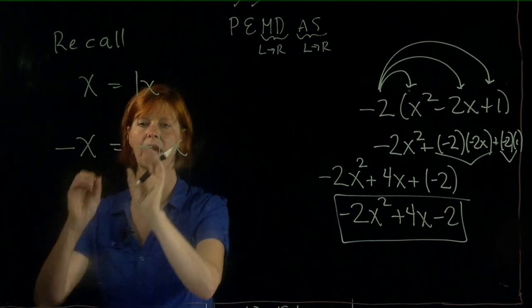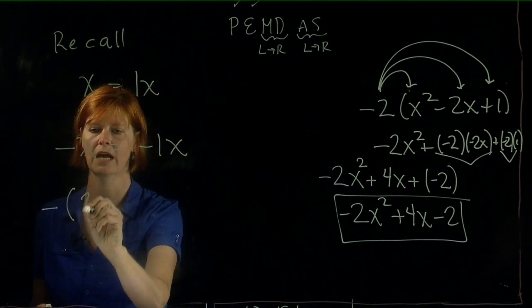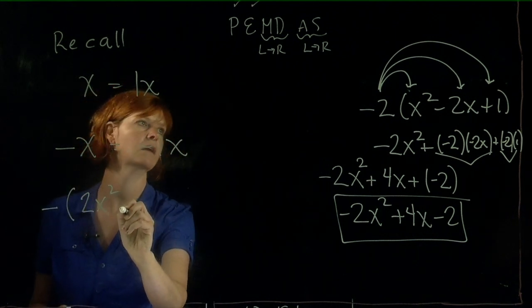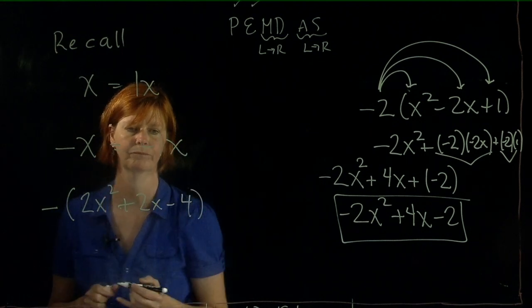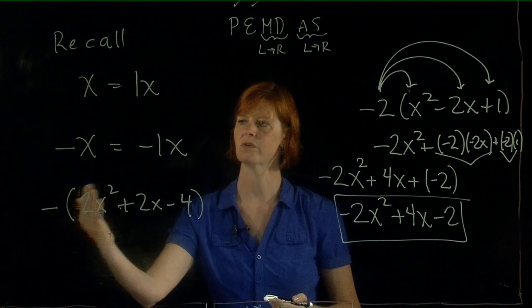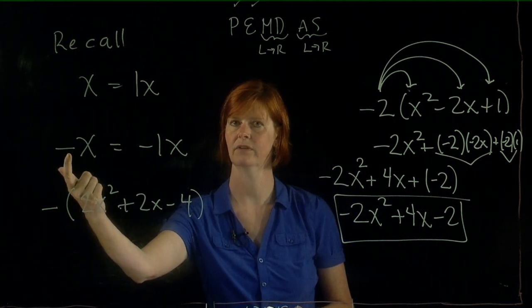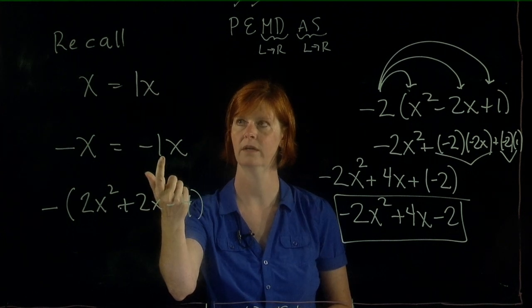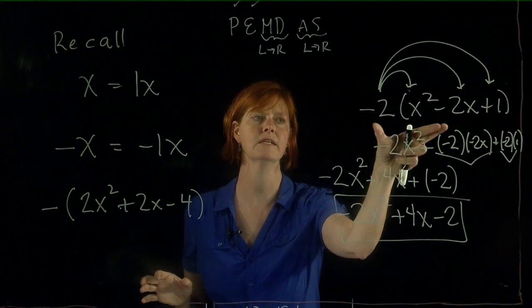Now let's apply this concept to this problem, where I make it negative times 2x squared. It doesn't matter what I had over there. Let's just change the problem a little bit. This negative is like this negative, and it really is a negative 1, which makes this problem the same as this problem.